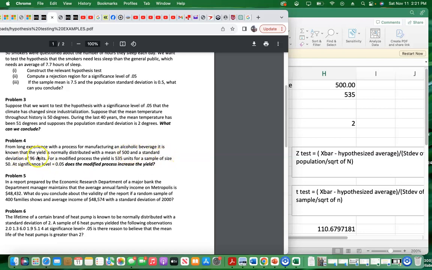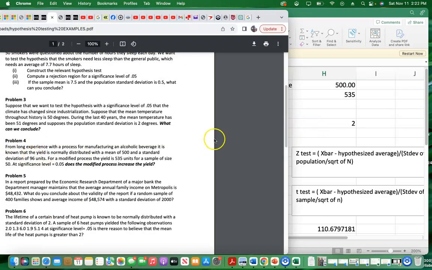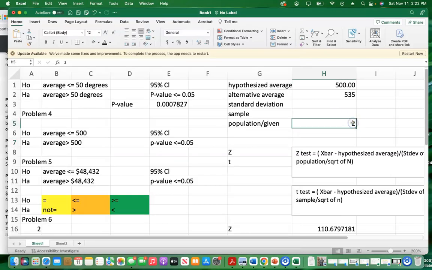So that is actually the given standard deviation, or I will say the population standard deviation. And so in this case, it is 96 units. And I'm going to change here to put 96 standard deviation, which is that of a population.